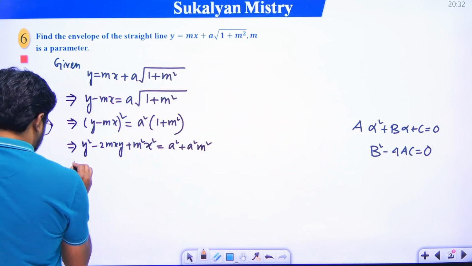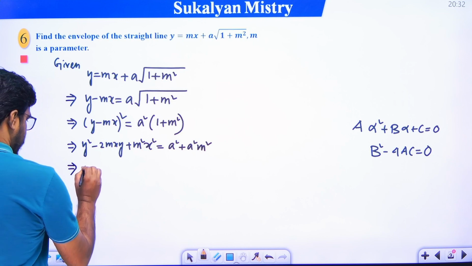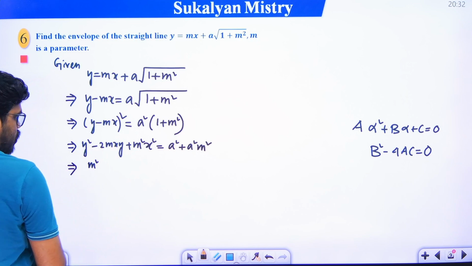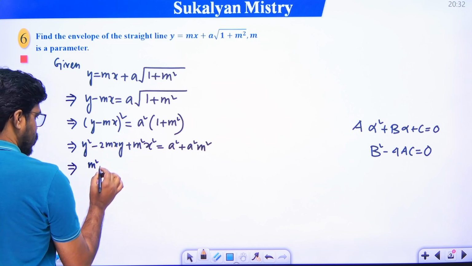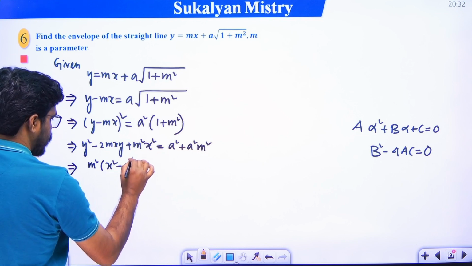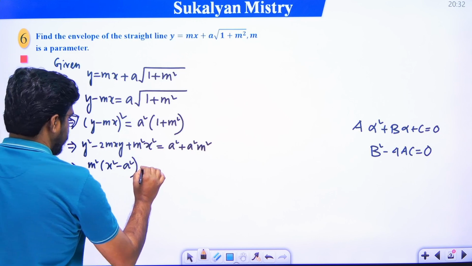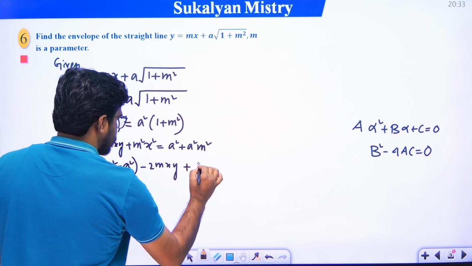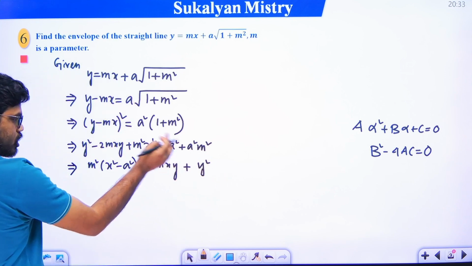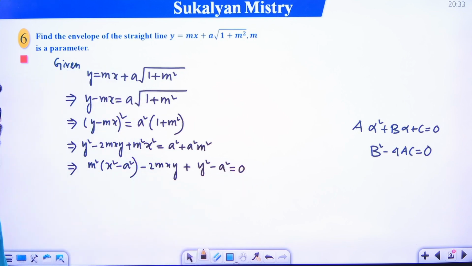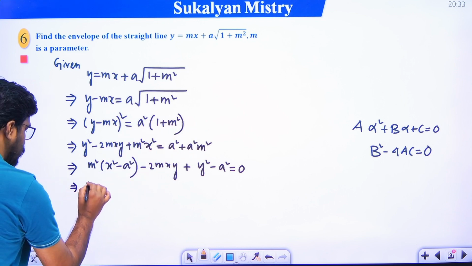So this implies that m square, a square m square you convert to the left hand side. Okay, so taking m square common, x square minus a square, minus 2m xy, plus y square, right hand side convert to left hand side, so y square minus a square is equal to 0, right?